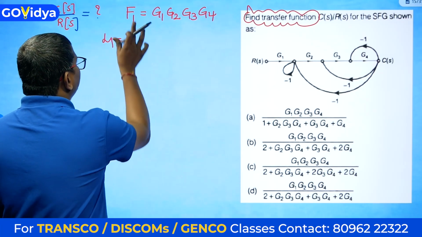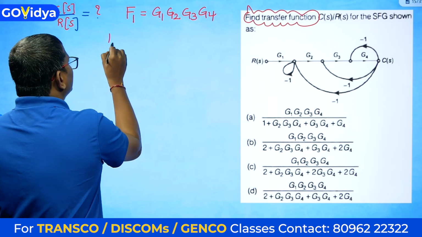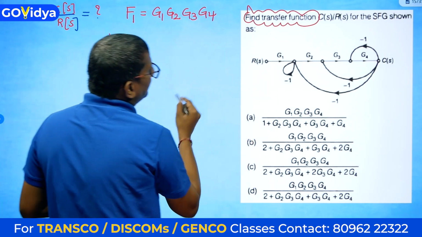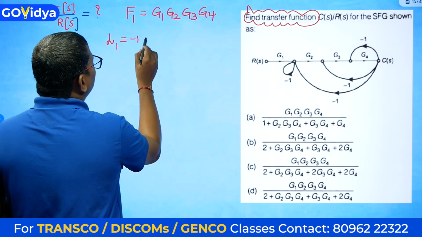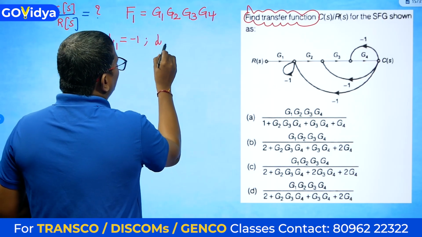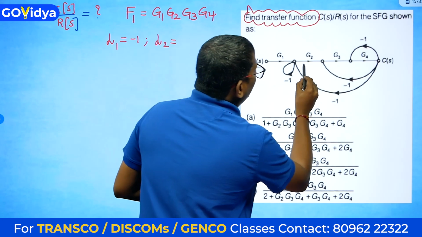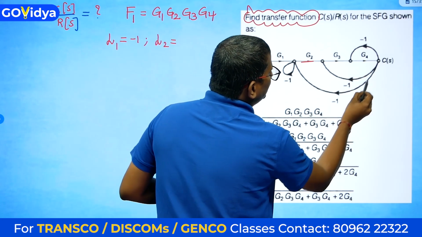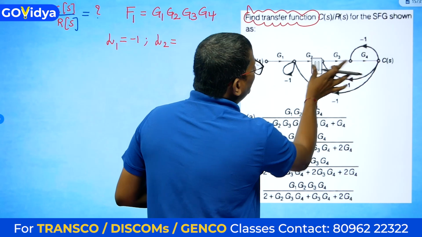Loop 1 is equal to the small loop. You see here, the small loop whose gain is -1. L2, which loop? This big loop. This one. Are you able to see? This one. What is that value?